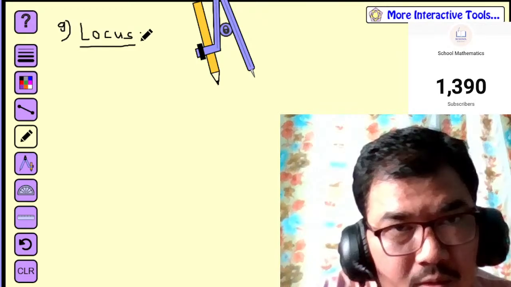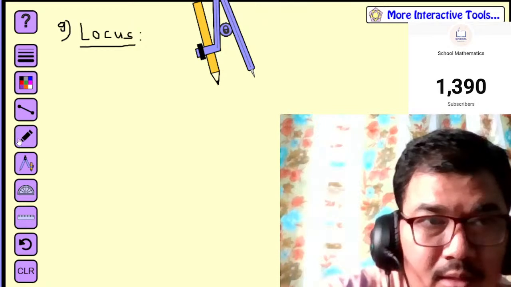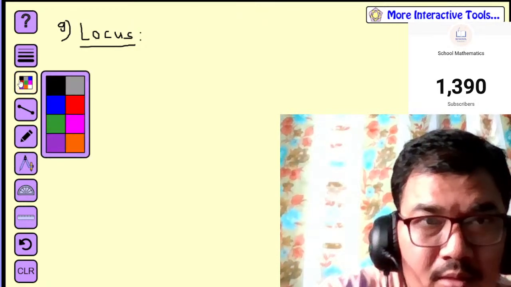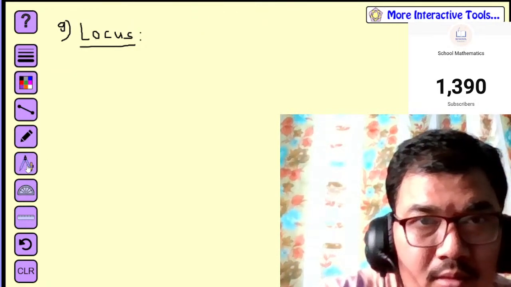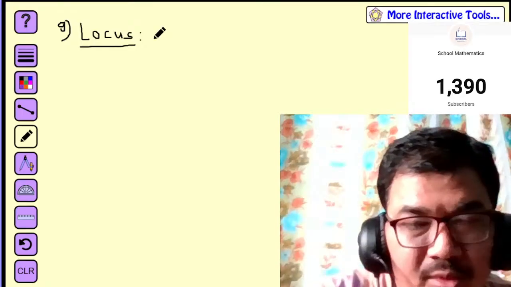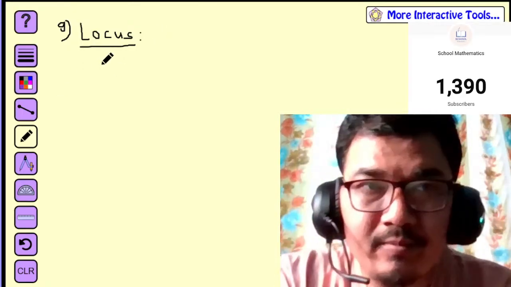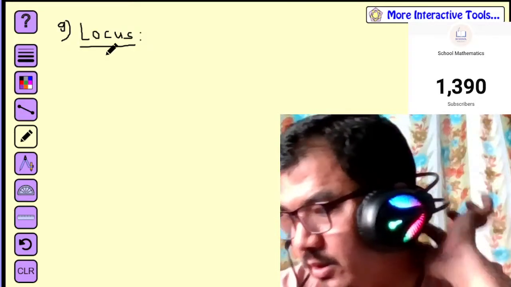Look here. Locus is the path, right? Locus is the path made by the moving points, or traced by the moving points.